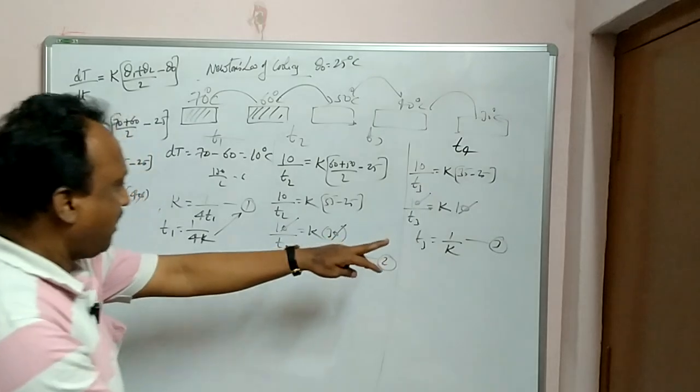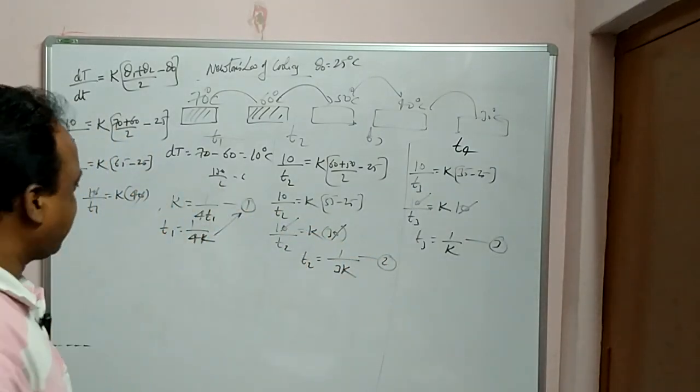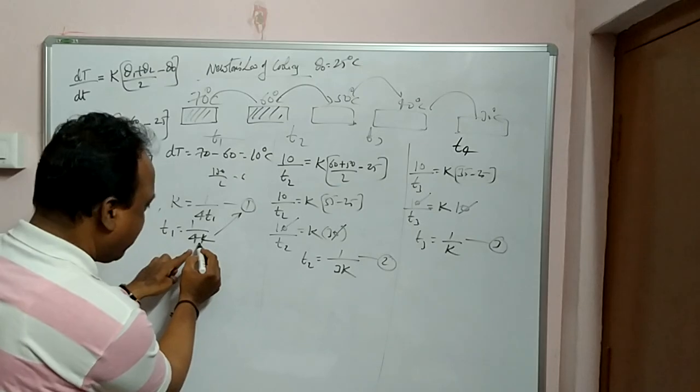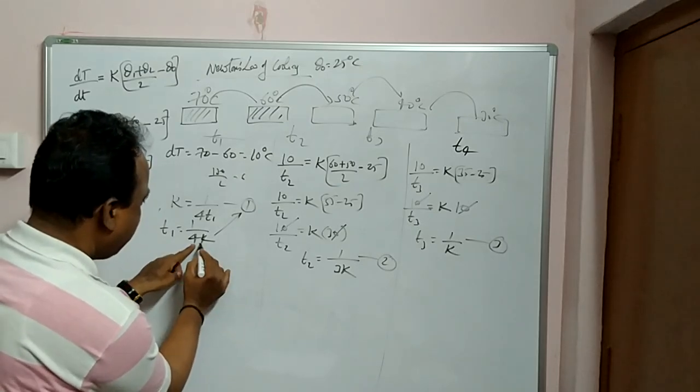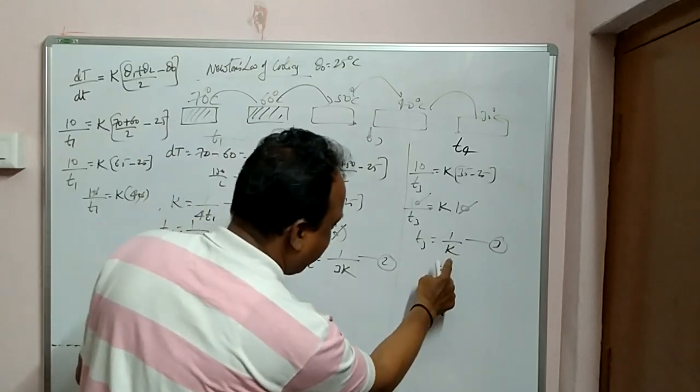Now tell me, out of these three equations, which time is larger? You can see, for T1 the denominator is more. Here the denominator is less. Here still less.